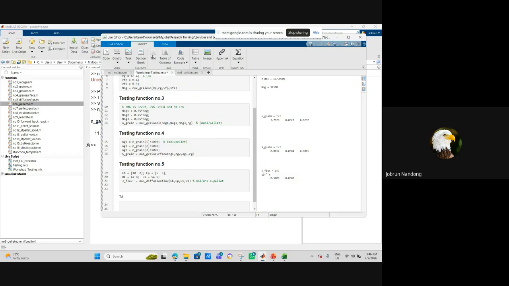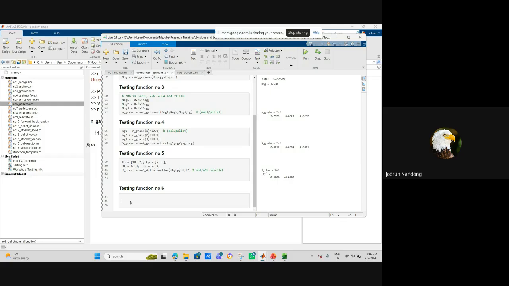Okay, testing function number 6. Live editor, go to normal, edit. Okay. Text, we haven't got this input, right? We haven't got the IP yet.